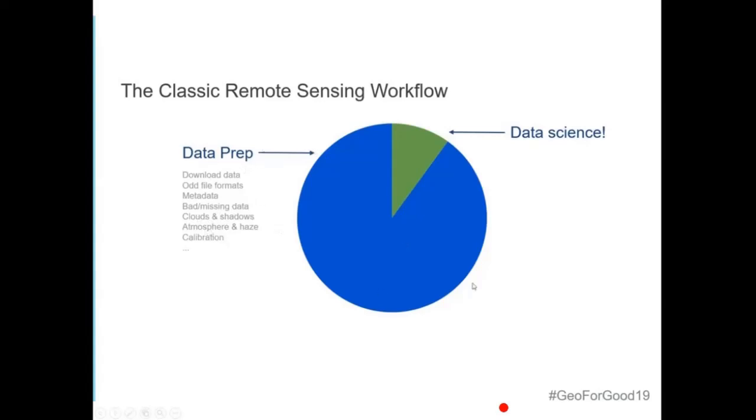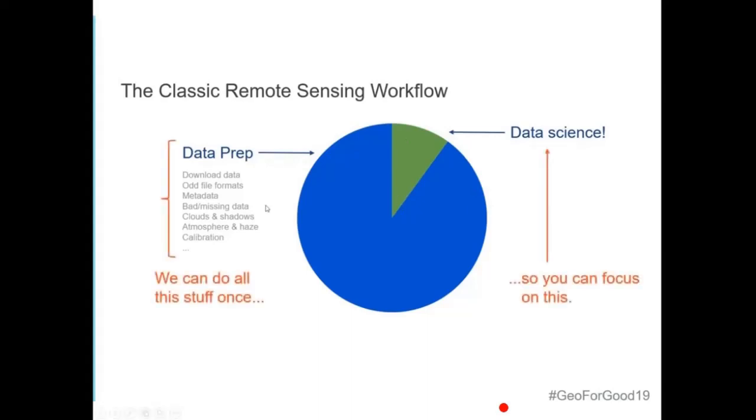If you consider the entire time to do some data analysis, the majority of the time is taken by data preparation, and only a limited amount of time is actually used for data science. But what Google Earth Engine offers is that we can do all this quickly using their cloud infrastructure, so that we can focus on data science. That is what Google claims and offers us.